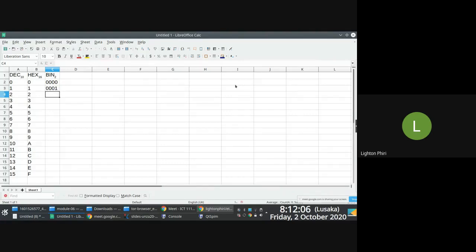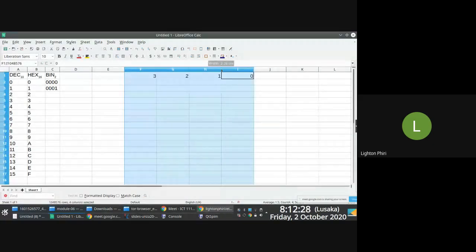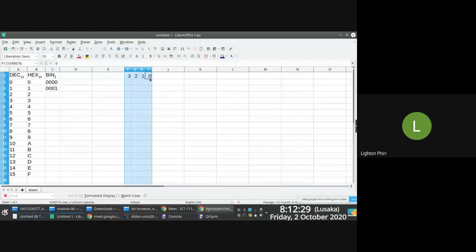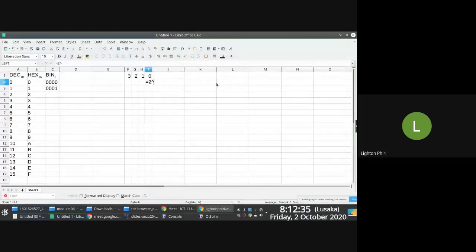Remember, when you're working with binary numbers, to evaluate those numbers, converting from binary to decimal, you're working with powers of 2: 2 to power 0, 2 to power 1, 2 to power 2, 2 to power 3, 2 to power 4, 2 to power 5.